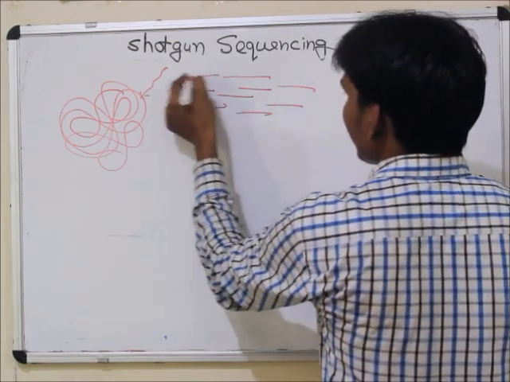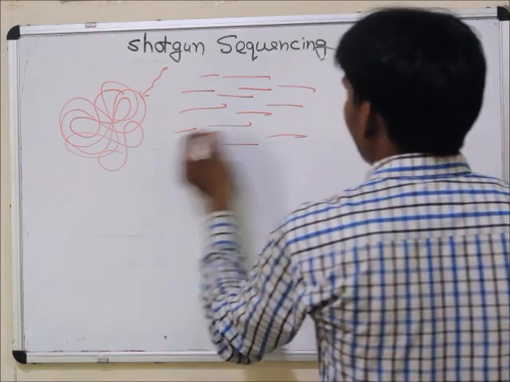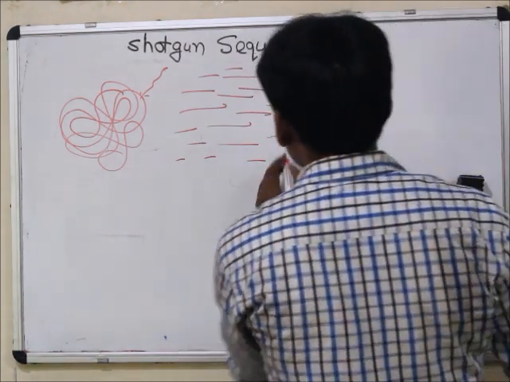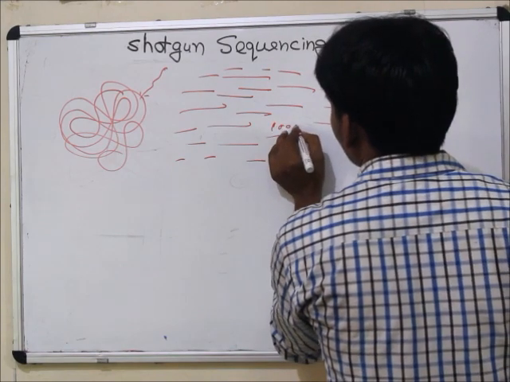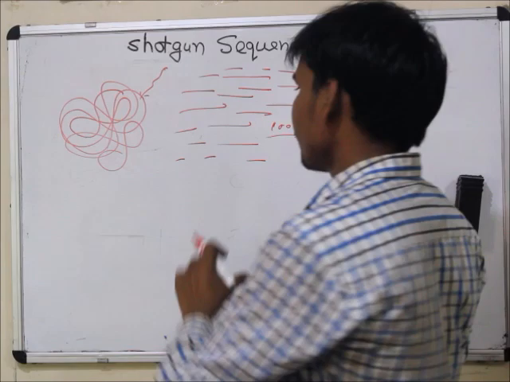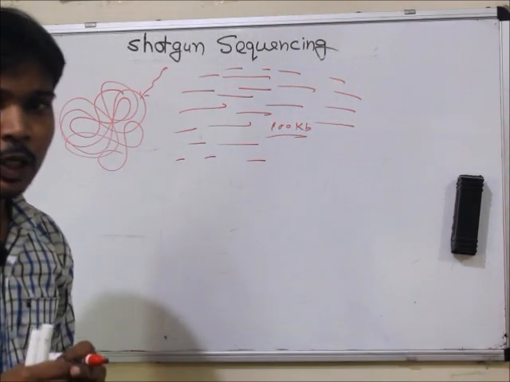The larger fragments will be 100 kb or below 100 kb.